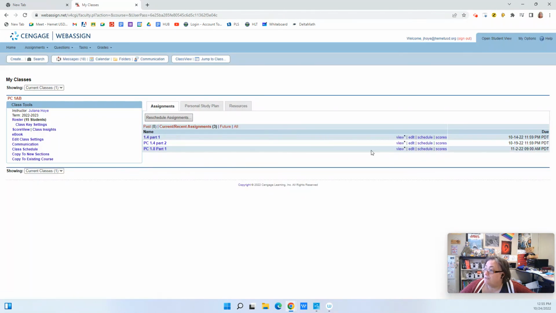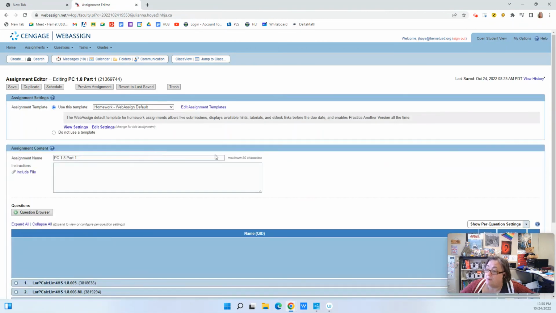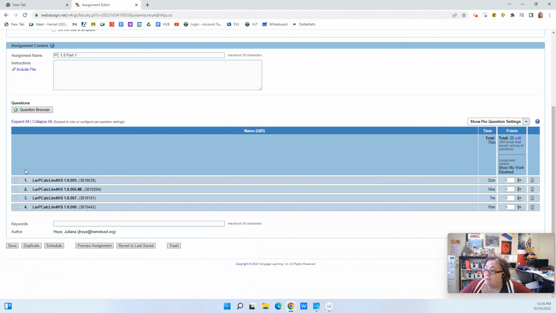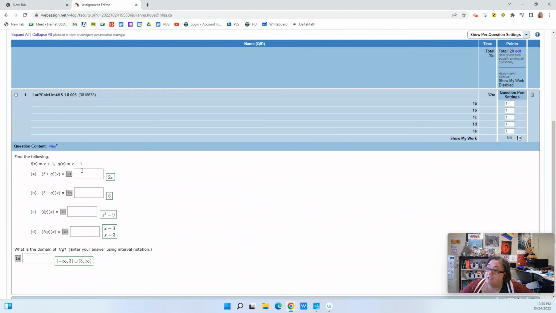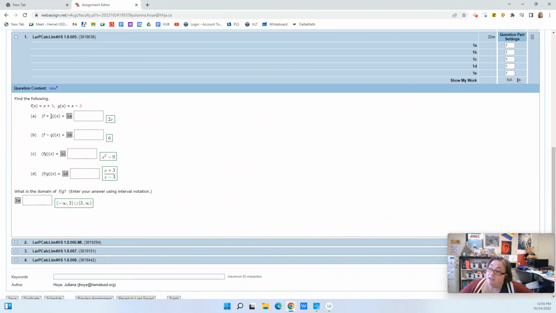Now, it's going to look different for me than it does for you because mine are all put together, but the problems will be the same, sort of. You're going to get stuff like this where it's going to give you a problem and it's going to ask you, you'll notice I only assigned you 4, because each one asks you the same thing. What is f plus g?